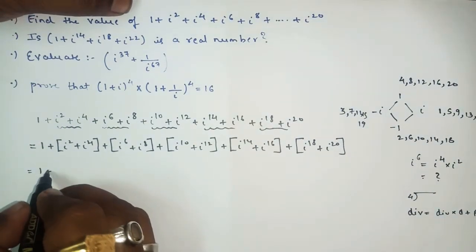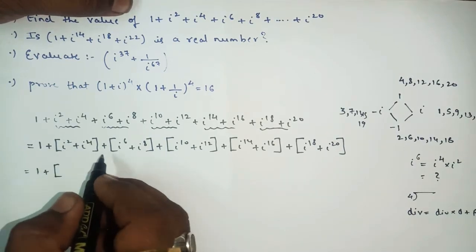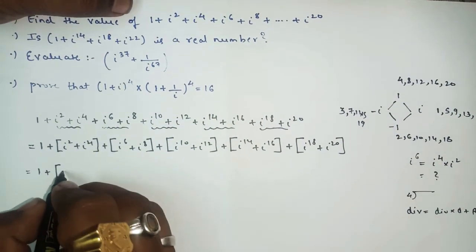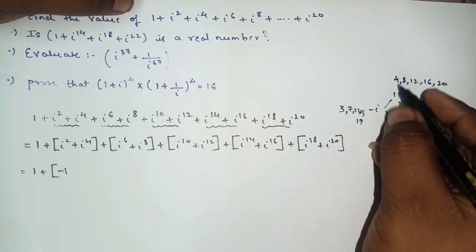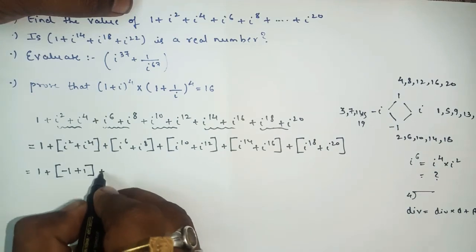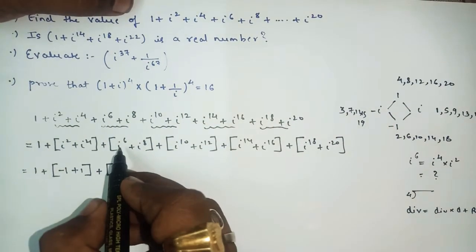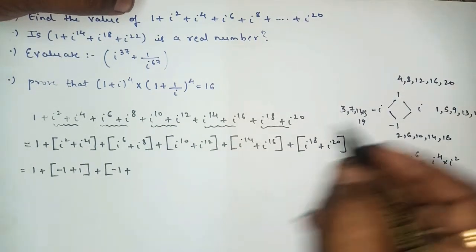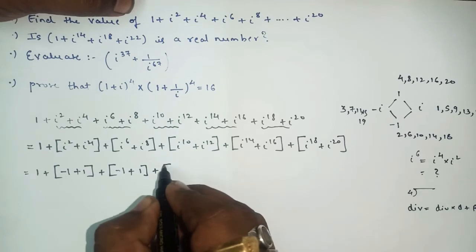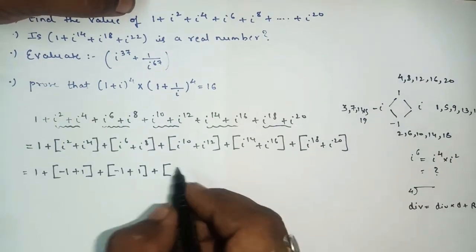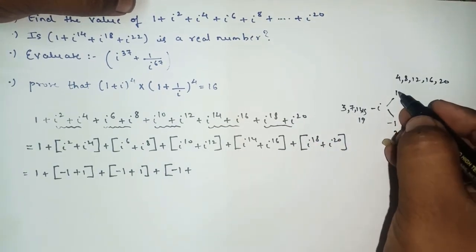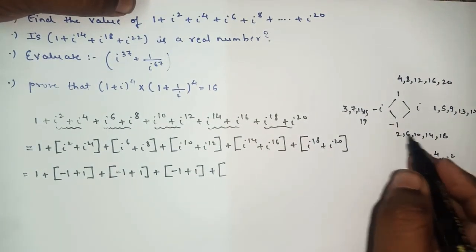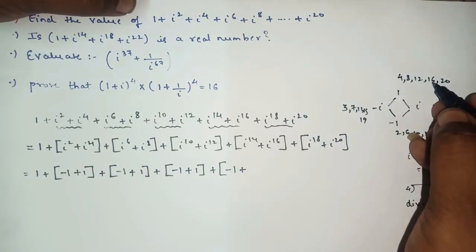Simply replace the value of i square, i raised to 4, just by seeing the position. i square is minus 1. i raised to 4 is 1, so you will write plus 1. i raised to 6, see the position of 6, it will be minus 1. i raised to 8 is plus 1. i raised to 10 is minus 1. i raised to 12 is plus 1. i raised to 14 is minus 1. i raised to 16 is 1.